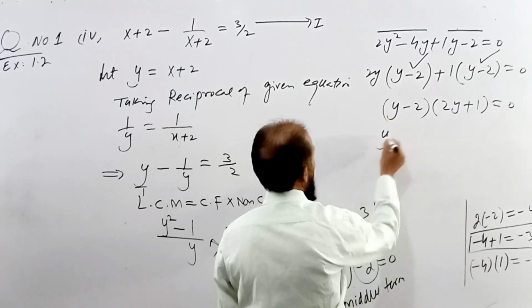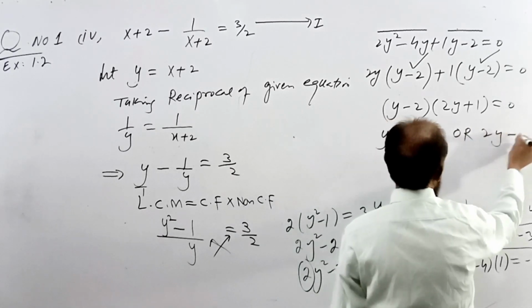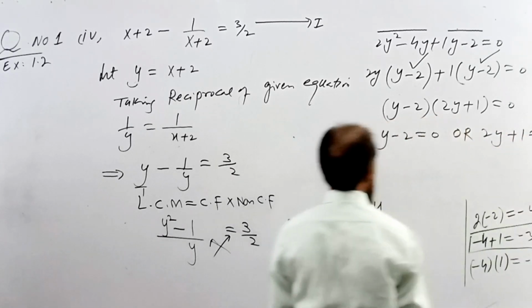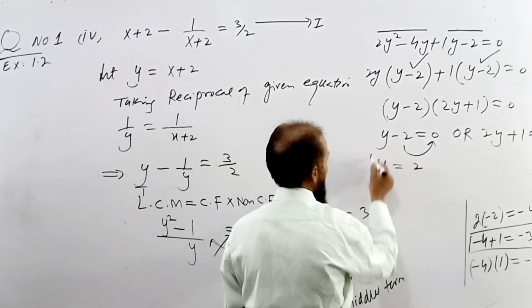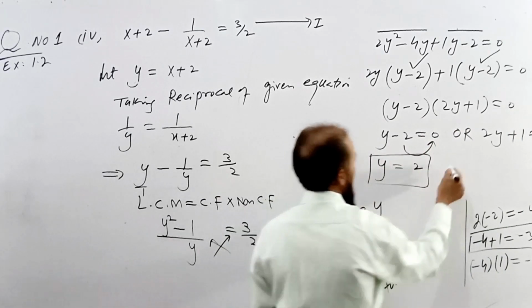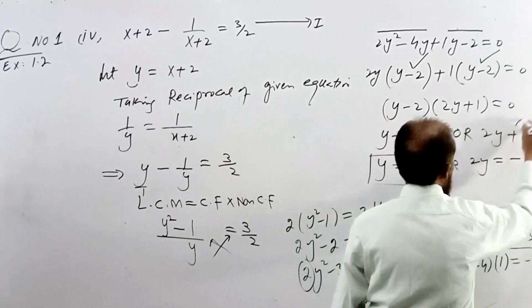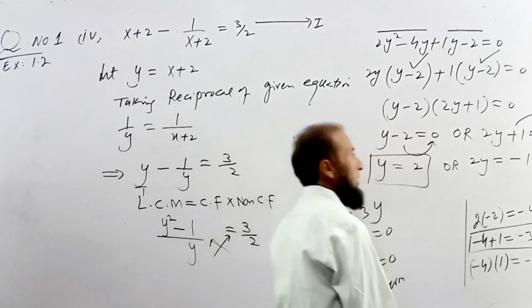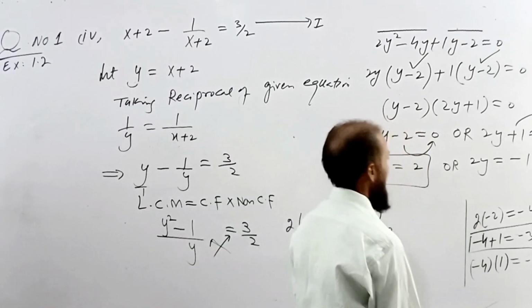That means that y minus 2 is equal to 0, or 2y plus 1 is equal to 0. Now we change this value to the right side, so the sign is also changed. We get y equals 2, or 2y is equal to -1. We change plus 1 into negative because we are changing sides, so the sign is also changed.